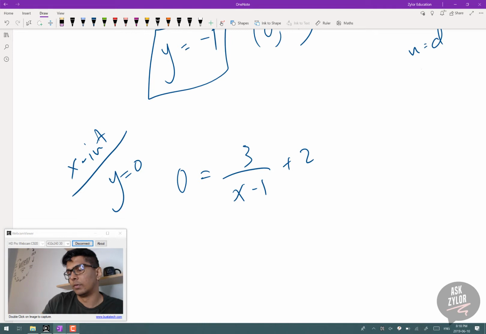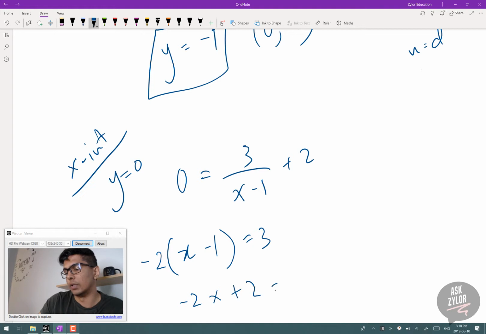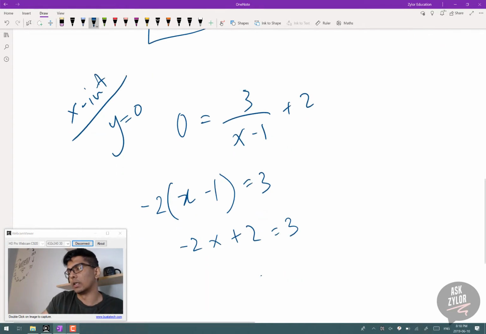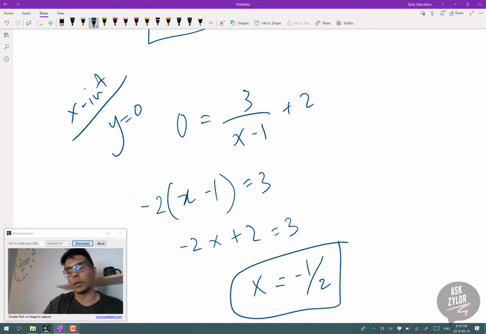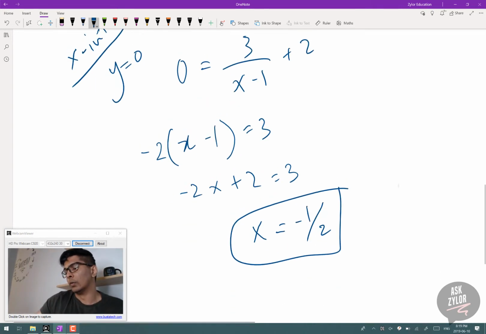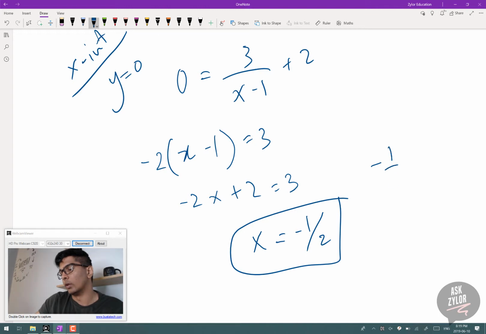So I have x minus 1 times negative 2 is equal to 3. Then expand the brackets, negative 2x plus 2 is equal to 3. So x ends up being negative 1 over 2. So once again, my point will be (-1/2, 0) for my x-intercept.